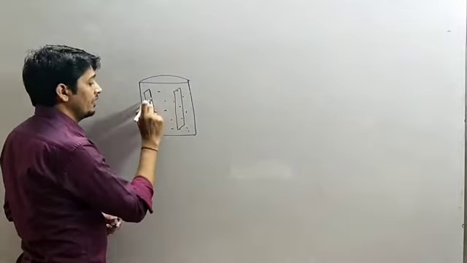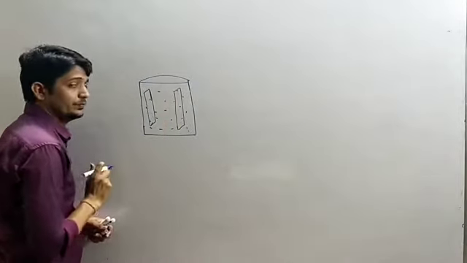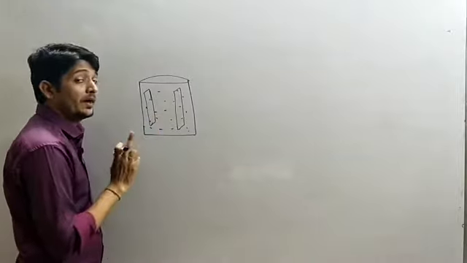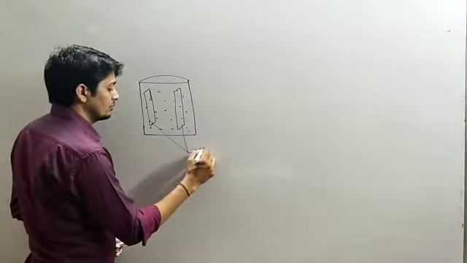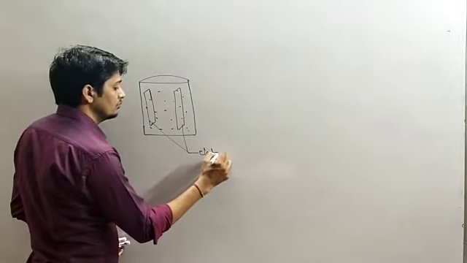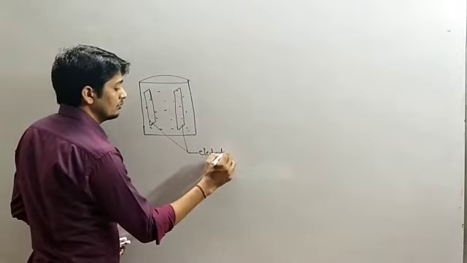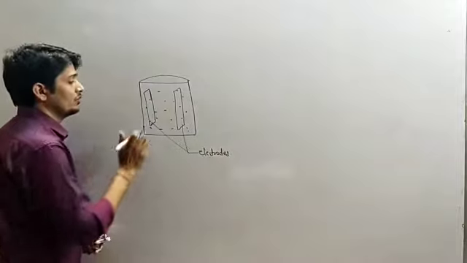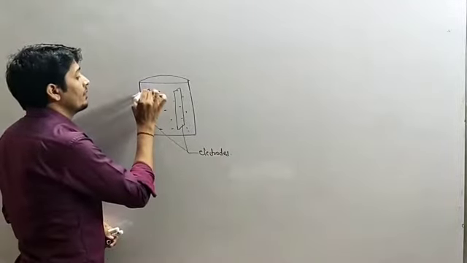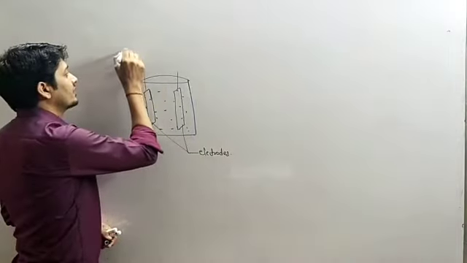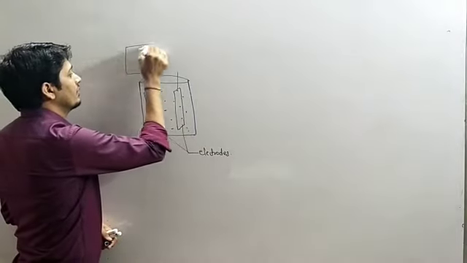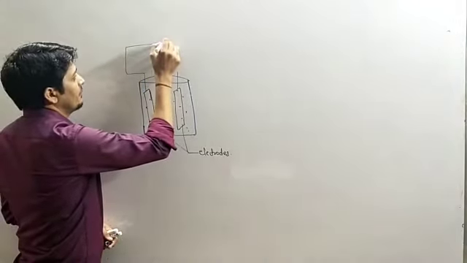You can take graphite also. So these are the two metallic plates called electrodes, and we are connecting these electrodes to the external source of current, that is the battery.